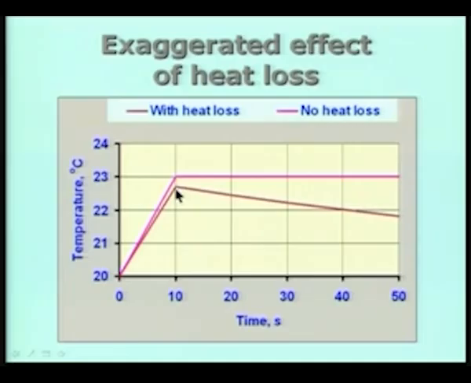And subsequently, let us see what happens. The temperature, instead of remaining constant as in the no heat loss case, is coming down. Of course, I have exaggerated again the rapidity with which it is coming down, and if you allow this to come down for a long time, it will eventually come to this value. It will cool down to the jacket temperature. Now, if you look at the cooling process, this is again governed by the same cooling relationship.